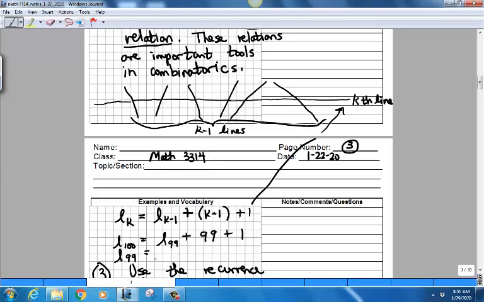Bummer. That's L98 plus 98, plus 1. Of course, if you work far enough down this chain of equations, eventually you'll arrive back at what?